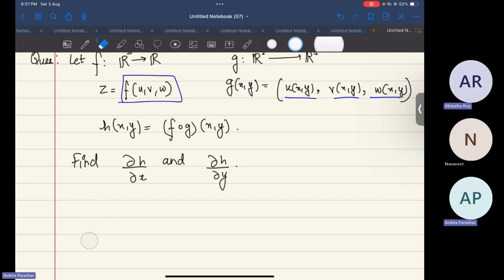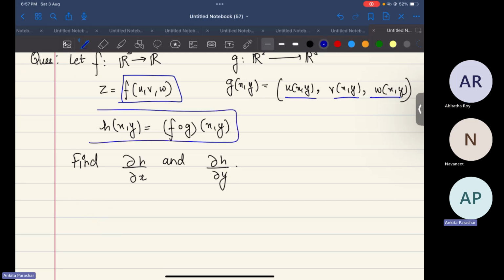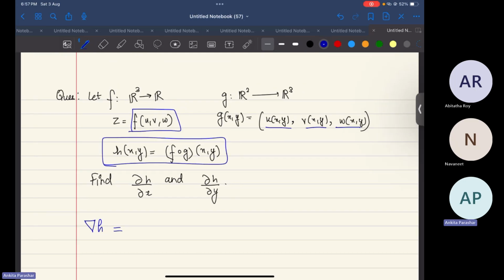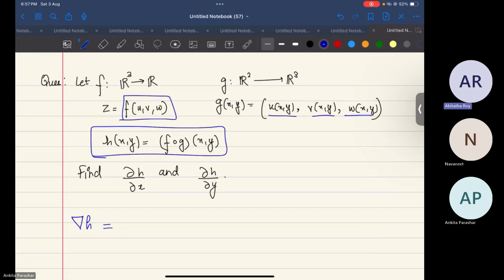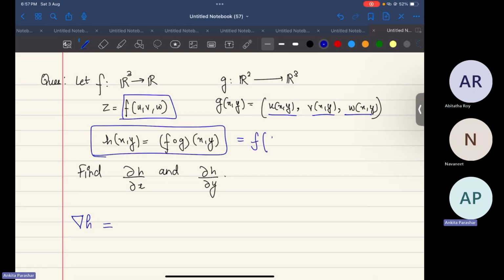Remember, use the gradient first, del f. So if you see h, this one can be written as f of u comma v comma w. This is okay, right?